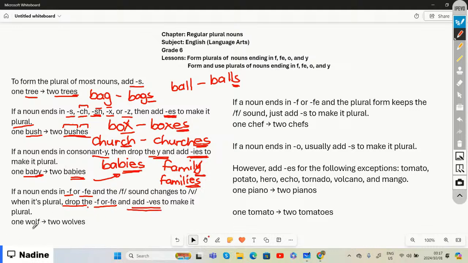For example, one wolf, two or more wolves. And the reason why we put VES is because if you hear the word wolf, one wolf, but now if you make mention of more than one wolf, the word changes to wolves, which means that we drop the f or the fe, and then we add VES.